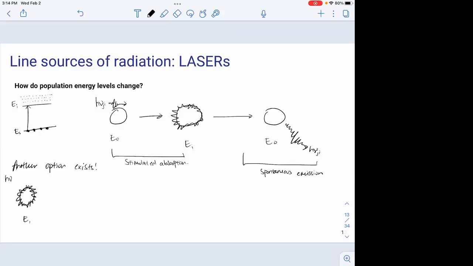Consider that a photon of equal energy to the first photon that hit it is again incident upon that already excited molecule or atom. And so the process that happens here is that your atom or molecule goes back down to the ground state. That's where it feels most comfortable, and that's where it should be. And in the process, it emits two photons of equal energy.